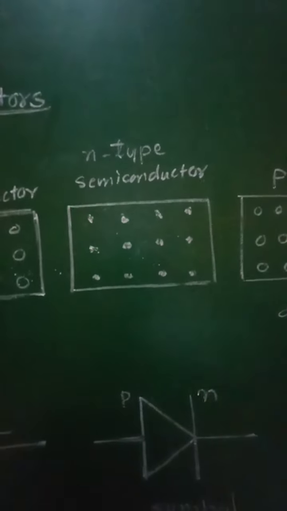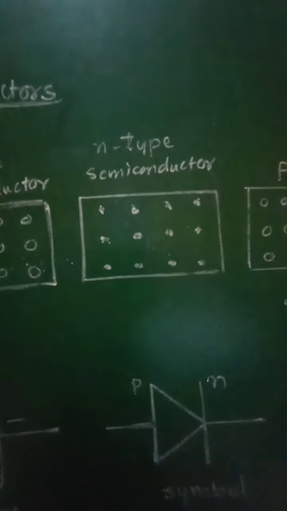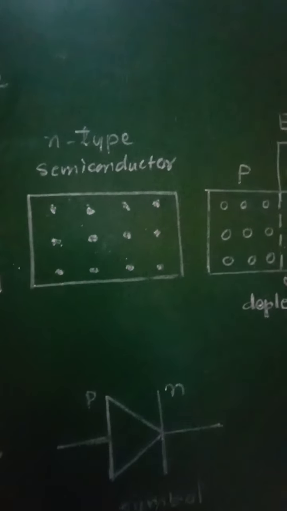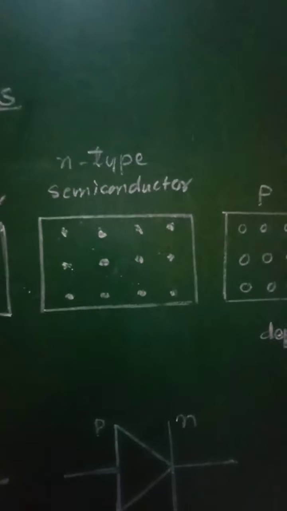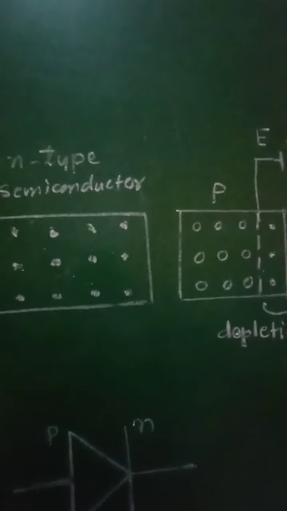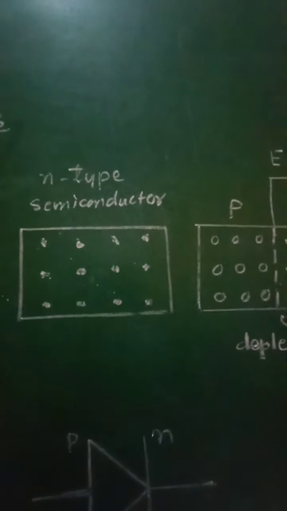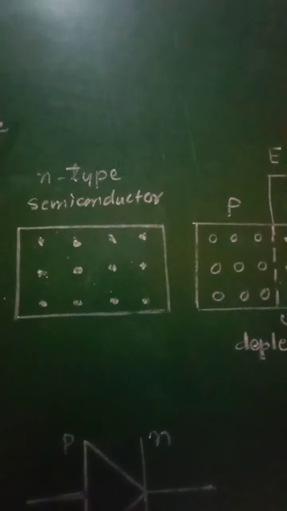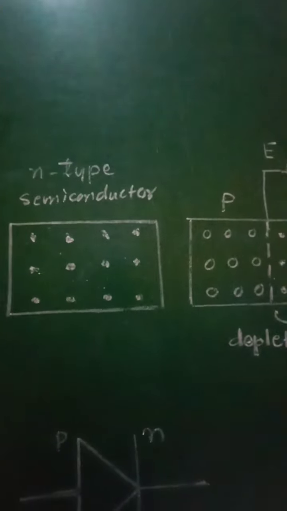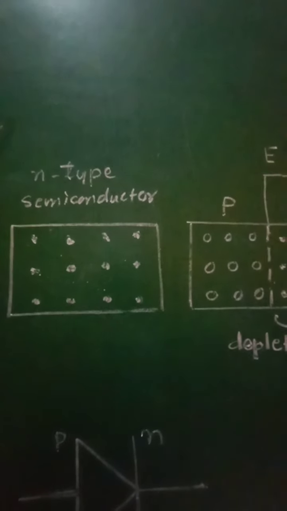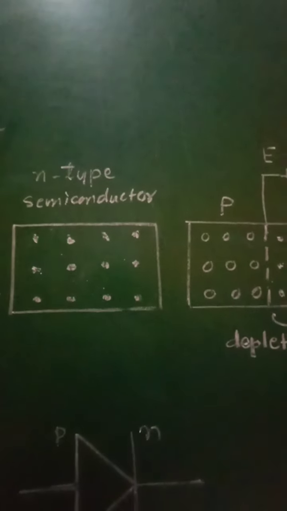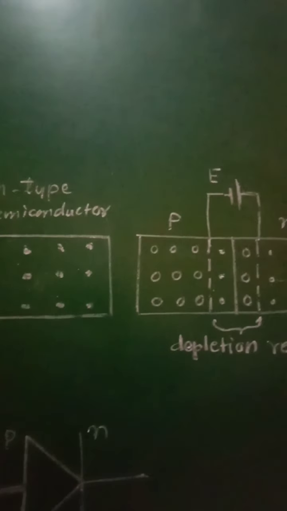in the p-n junction, due to the migration of electrons and holes from the n region to the p region and from the p region to the n region, near the junction negatively charged acceptor ions are formed, and in the n-type region, near the junction, positively charged donor ions will be formed.